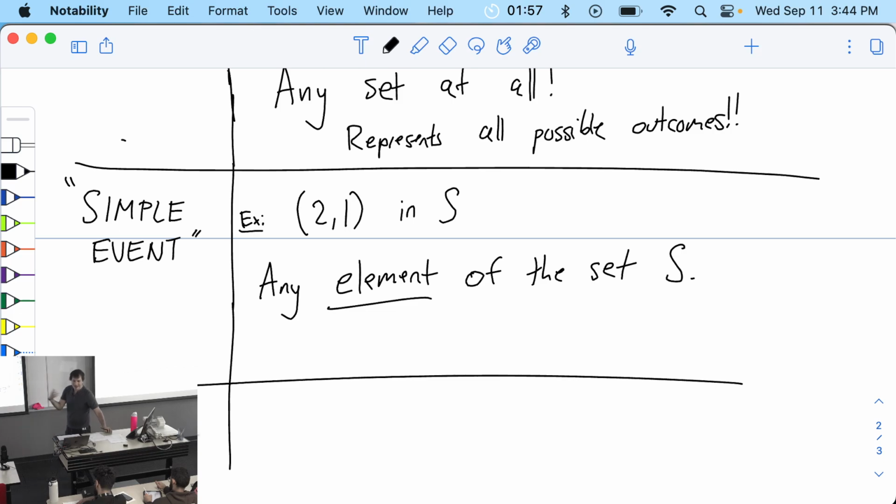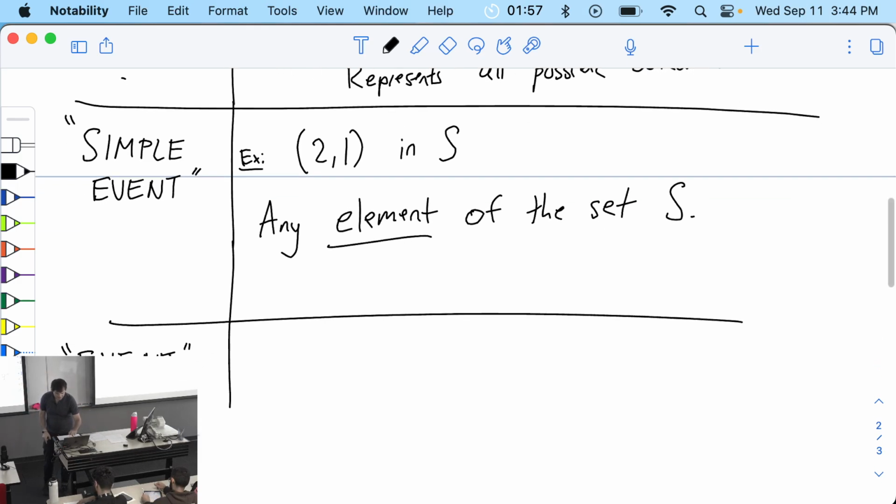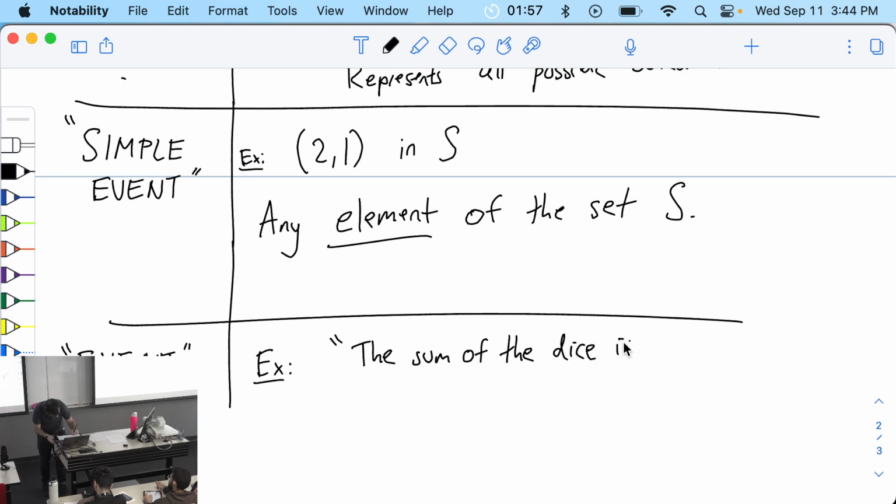And again, the word event is not the ordinary English usage of the word event. When you say like something that happens at a certain time or something, an event is a subset of the probability space. And an example is the event we did last class, and you guys did it without talking about any of the math notation, which is the event that the sum of the dice is 3.